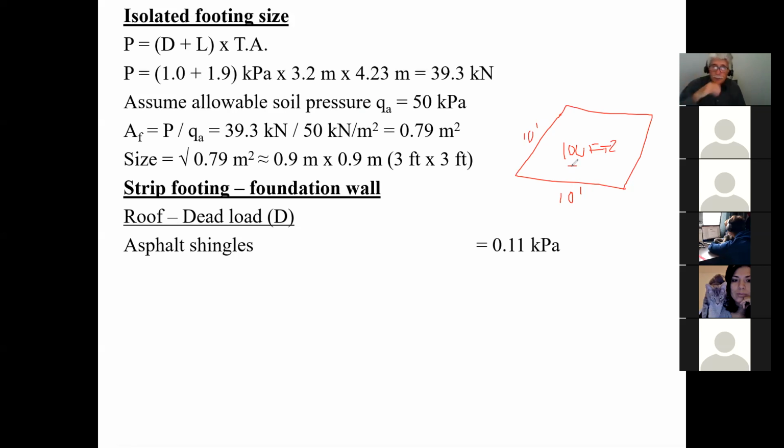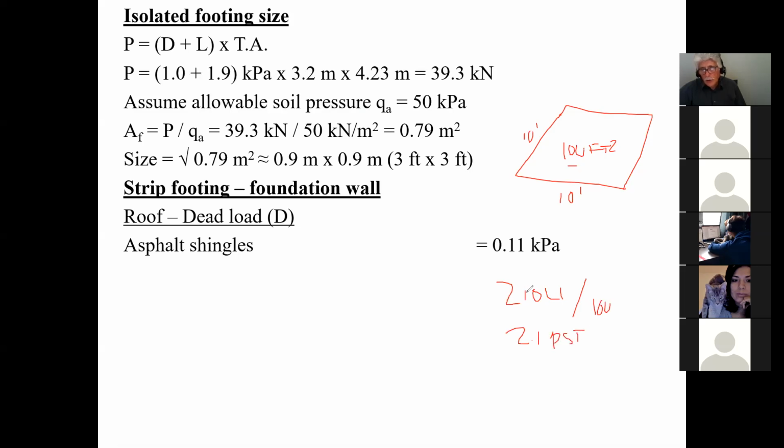Now, when you look at shingles, and they say 210, that means the shingles, when laid out, are going to weigh 210 pounds per square, per 100 square feet. So each shingle weighs about 1.2 pounds per square foot.